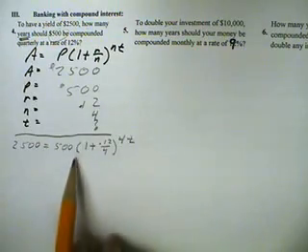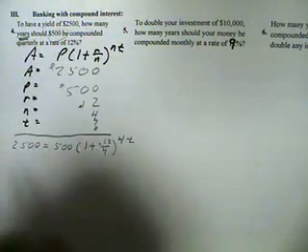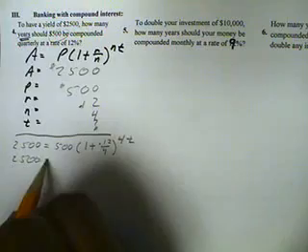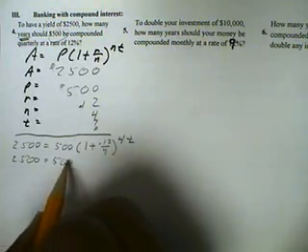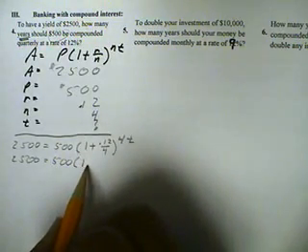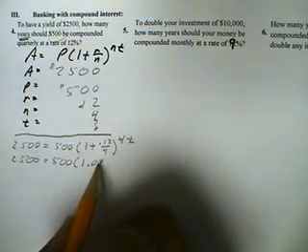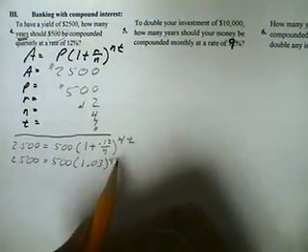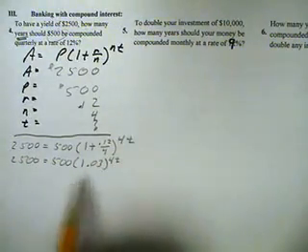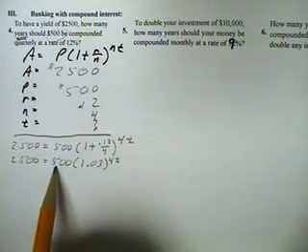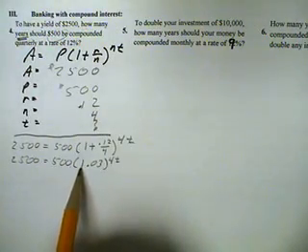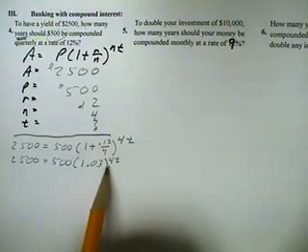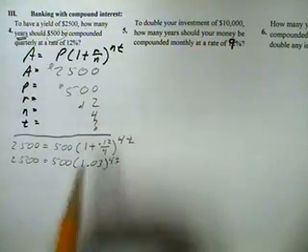Let me simplify this base right here. This will become 500 times 1.03 to the 4t power. Now, 3 steps. We'll get rid of the 500, the base of 1.03, and then the coefficient of 4, and then we'll have t left.